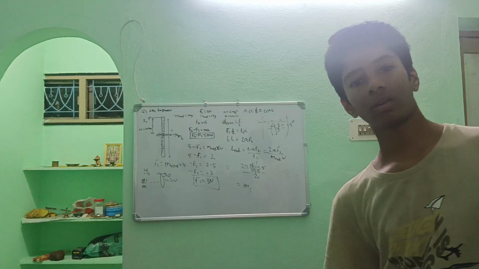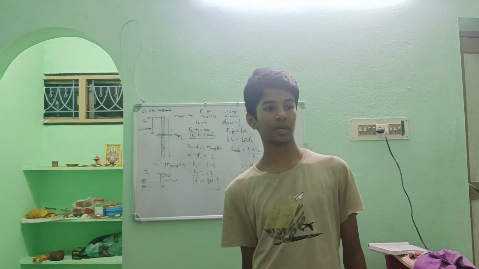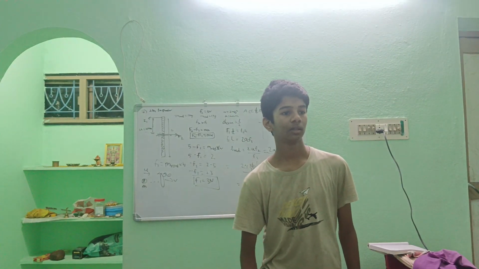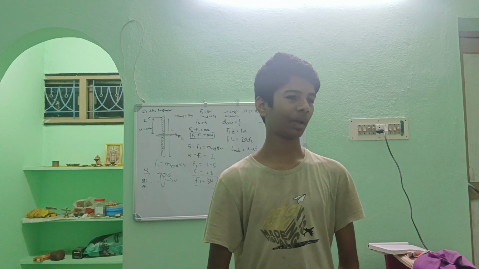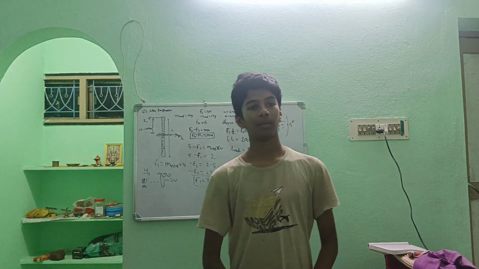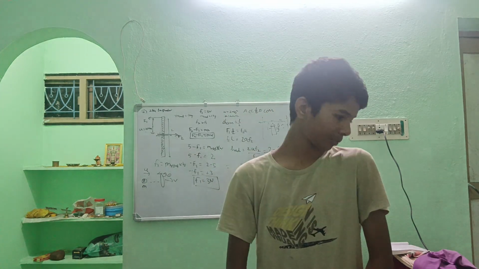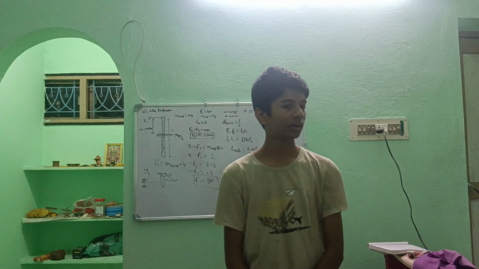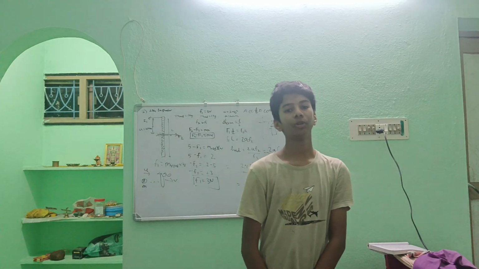To know physics, you need to solve maths questions, algebra. Maths is not my favorite subject. My favorite subject is physics. But to solve physics, you need to know basics, right?